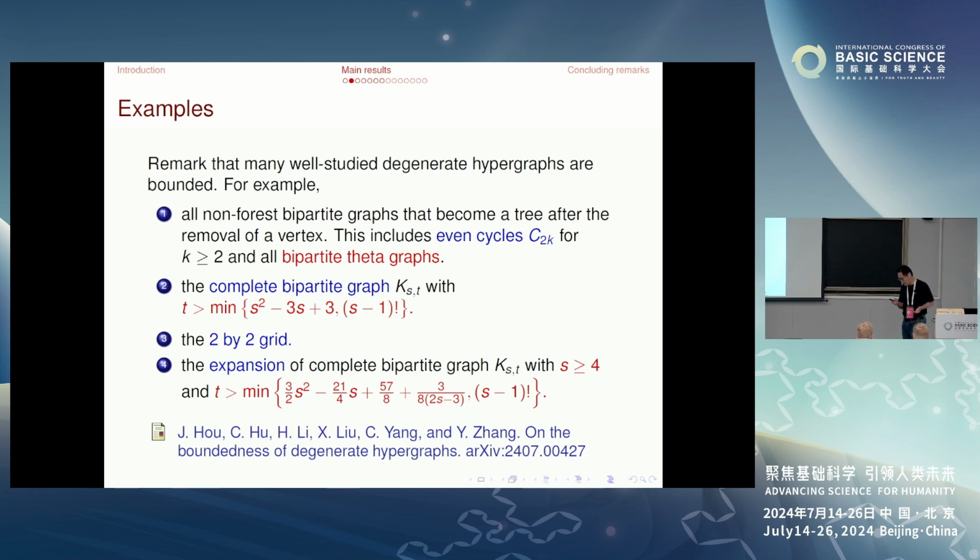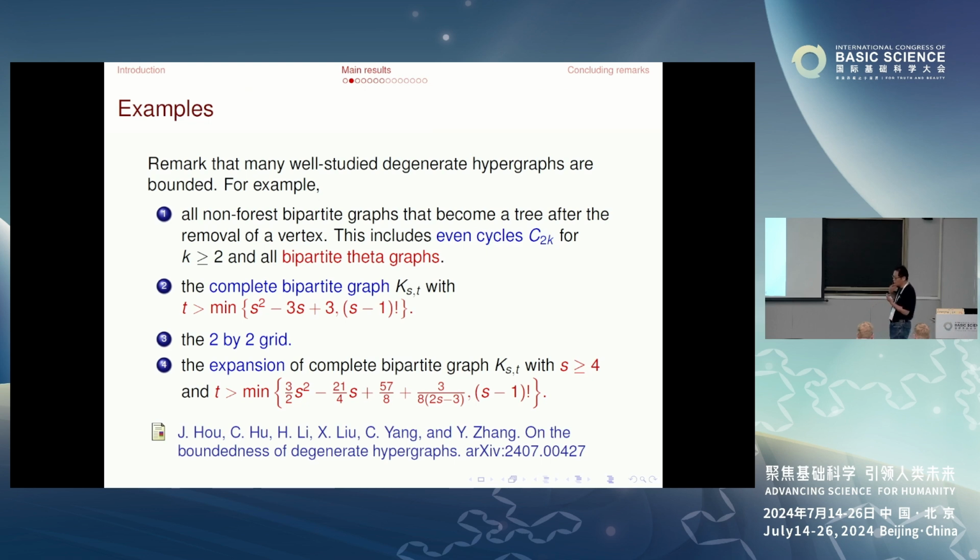We can remark that many well-studied degenerate hypergraphs are bounded. We can give some examples. First is a forest, or a bipartite graph that becomes a tree after removal of a vertex. I mean that for graphs, a graph is degenerate if and only if it's bipartite.